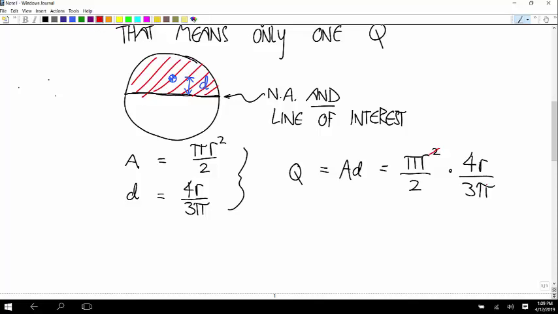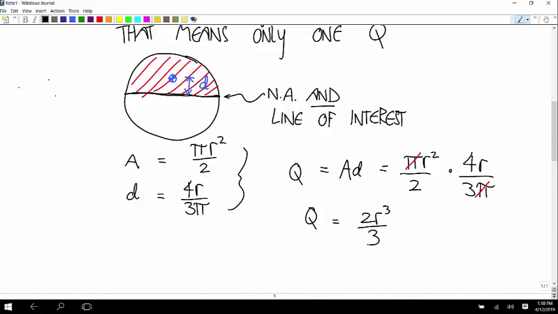We get some cancellations. Pi cancels with pi, okay, so we have 2r to the third over 3.